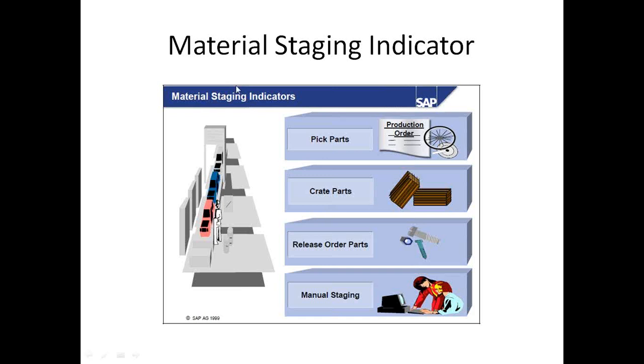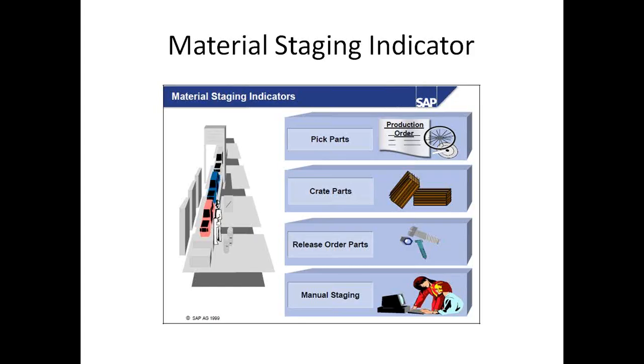For example, we have four types of material staging indicators. Here we have pick parts. Pick parts means the system will stage the material only when an individual production order is created.